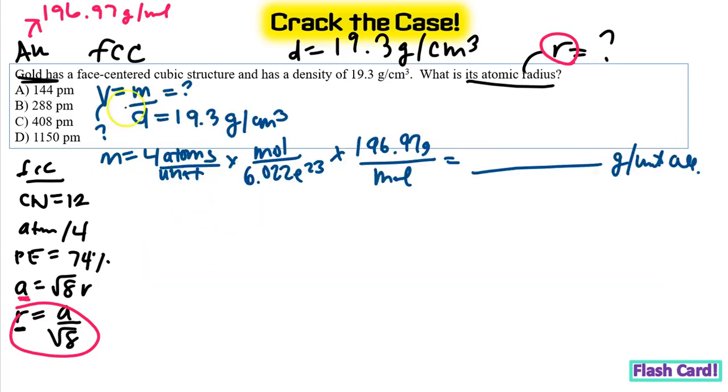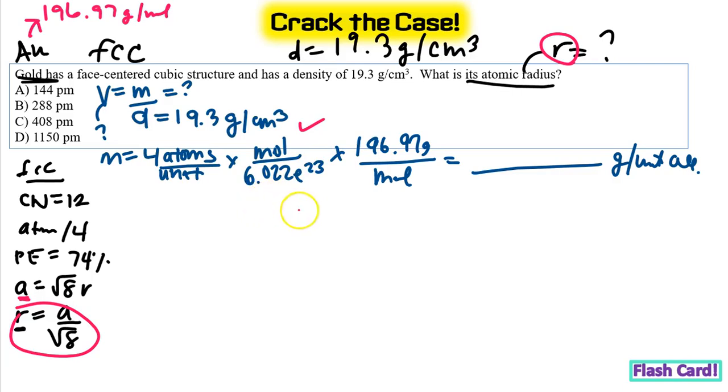All right, so I have my volume. I know it's going to equal mass over density. I already know my density is going to be 19.3 grams per centimeter cubed. That's given. I'm about to find my amount for mass. So because we're doing FCC cubic structure, which is given, we're going to have 4 atoms per unit cell. We're going to use Avogadro's number to convert 4 atoms to moles. Now, as you can see, I put 6.022 e to the 23. That's still the same as saying 6.022 times 10 to the 23.